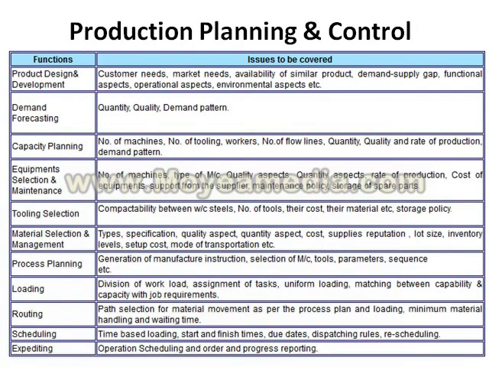This will give only a basic idea about the steps or stages in production planning and control. So these are the major functions listed out, from the product design and development part, and the issues to be covered in each and every section. You can see at the bottom area your loading, routing, scheduling, expediting, everything is listed, and the top part covers what type of product you need to make, your demand forecasting, capacity, selection of equipment, maintenance.